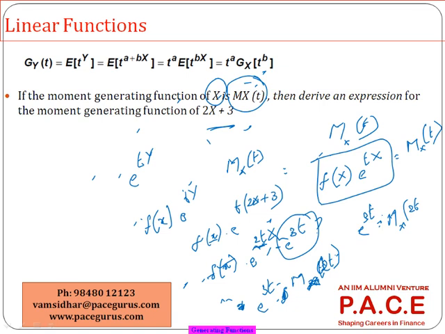And even if some kind of linear combinations are provided, you handle it in this manner. So what we can do is some numericals, the typical practice questions. If we are comfortable with this amount of theory and concept, solving the numericals may not be a big deal at all.